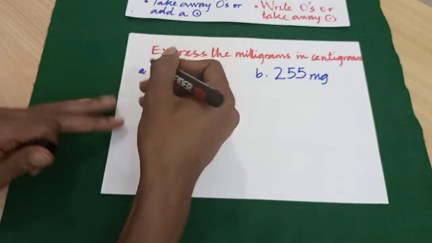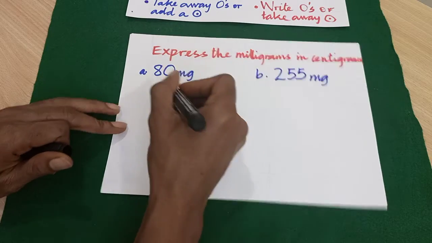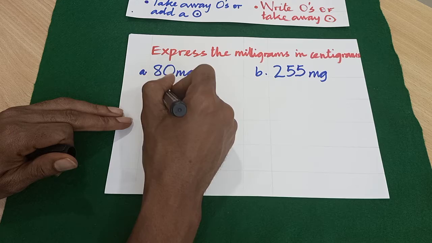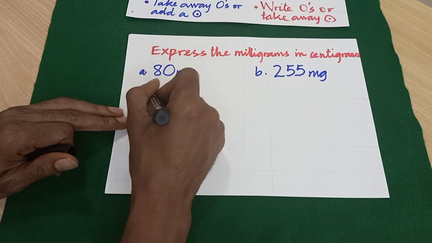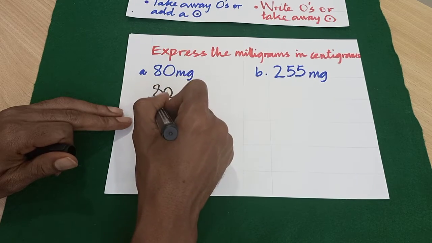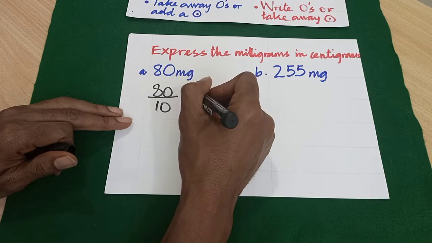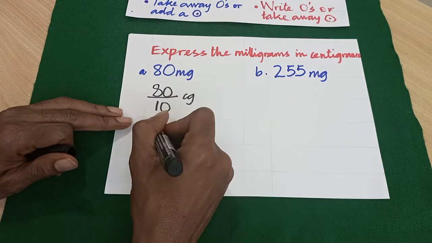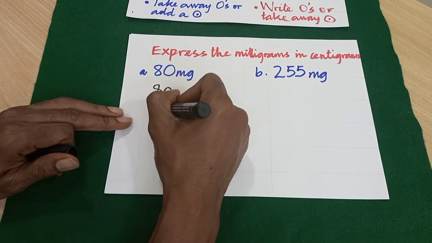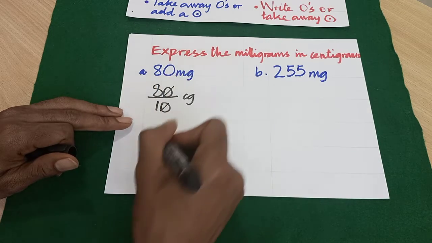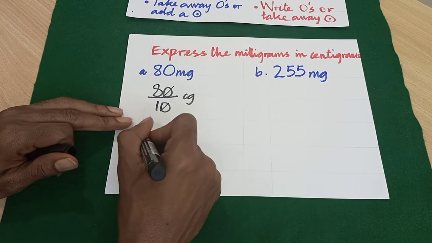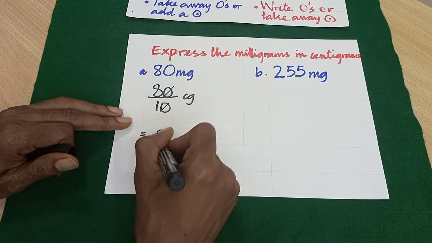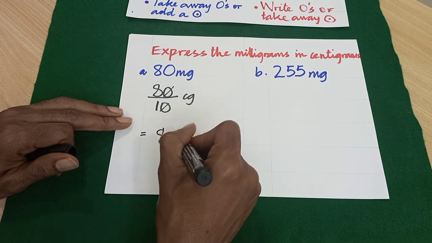Alright, so 80 milligrams is going to be 80 divided by 10 in centigrams. Okay, and this is going to give you what? Taking away a 0, this is going to give us 8 centigrams.